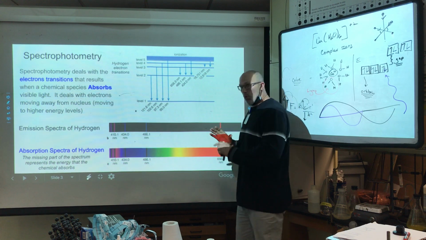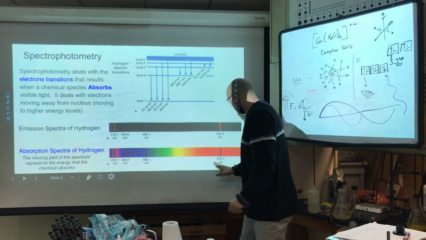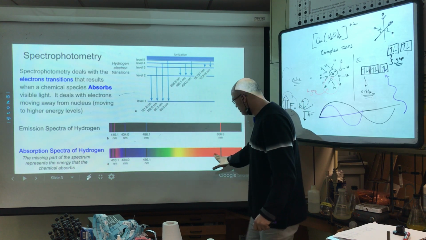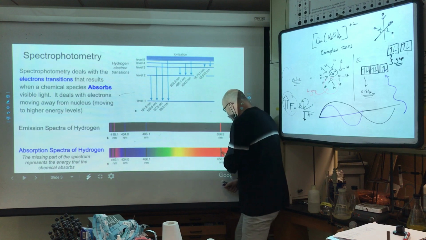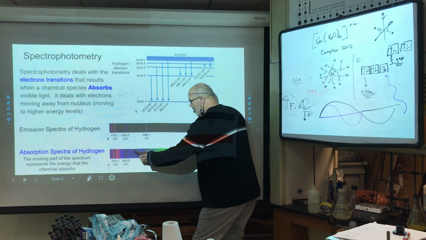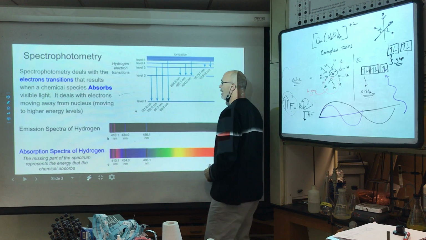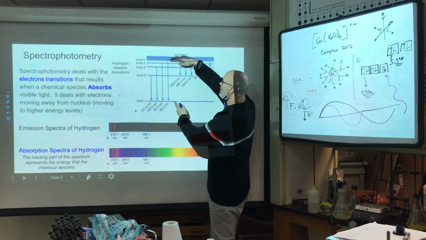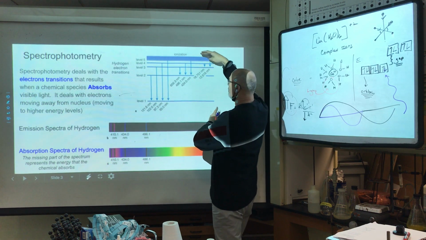If we shoot white light at hydrogen, we get this, spots where there's missing light. That's the light it uses. And if you notice, it's exactly the light it's using to jump up. Okay? A jump from the 5th energy level to the 1st gives us a certain energy, a certain type of light. Okay?